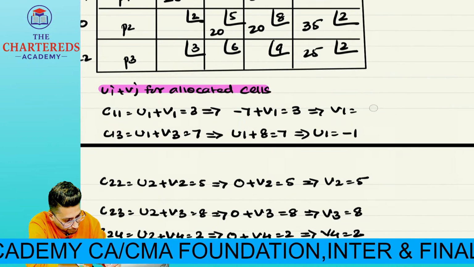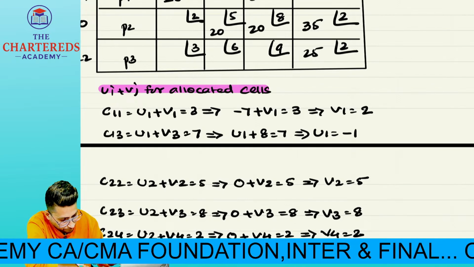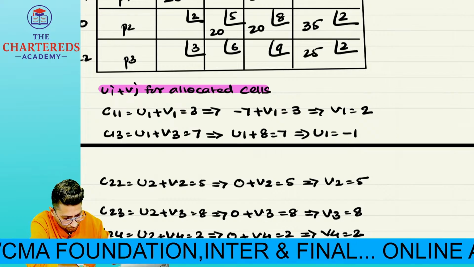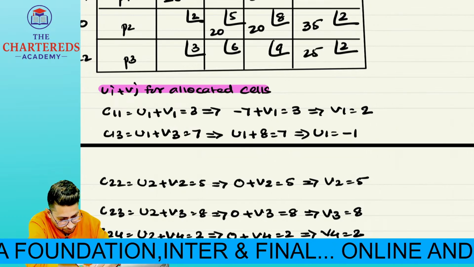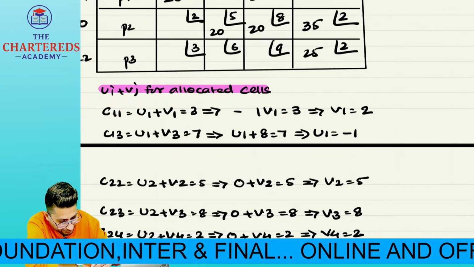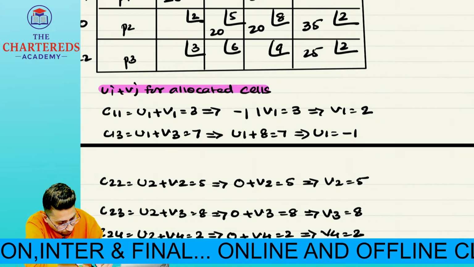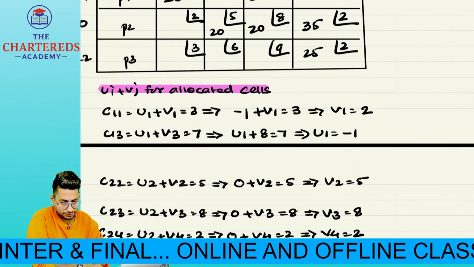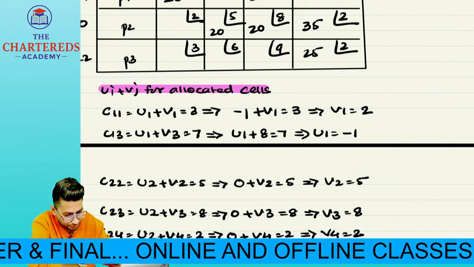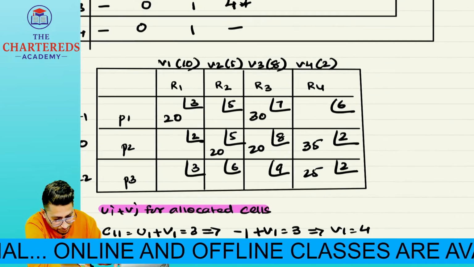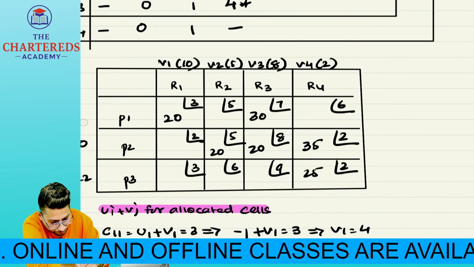V1 value should be 2. How 2? This is minus 1, okay, sorry. Minus 1 plus V1 is equal to 3. So this will be equal to 4. So here it will be 4.